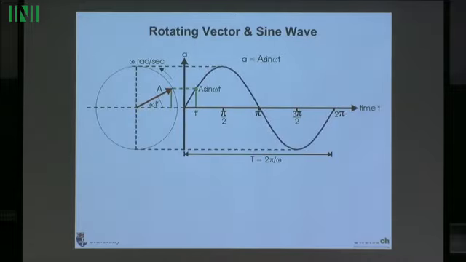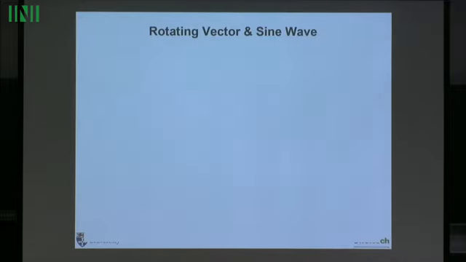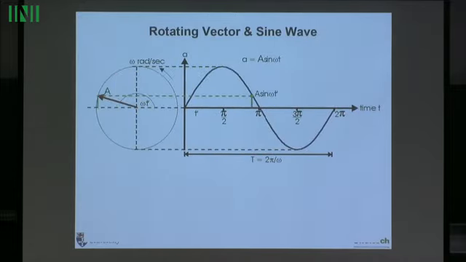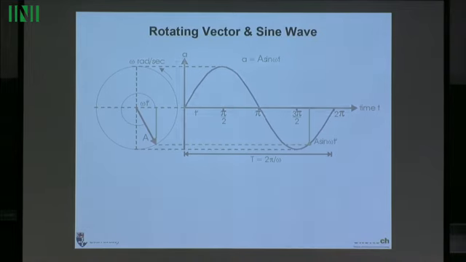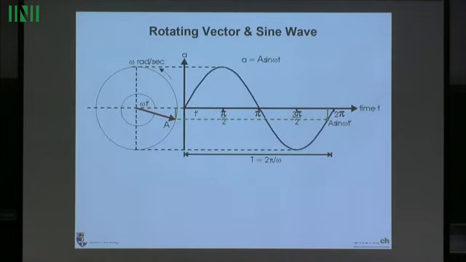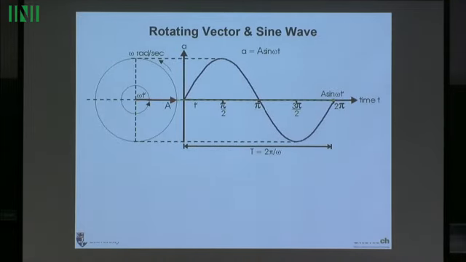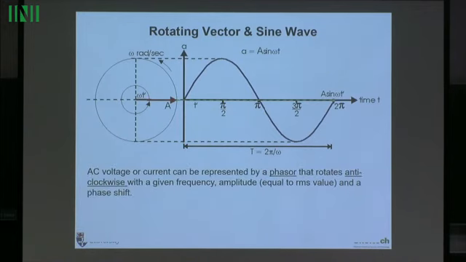So here is an example. If you look at this red vector, it will move along, and its projection on the vertical axis will give you a point which is moving along and gives a sine wave. When you have a number of those sine waves, there will be a number of vectors. As I said, they rotate at the same speed.